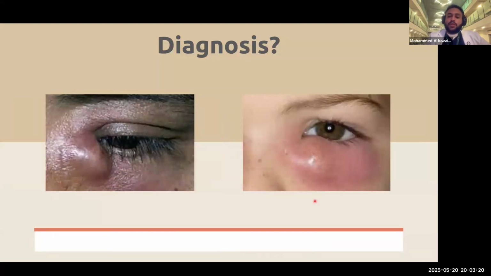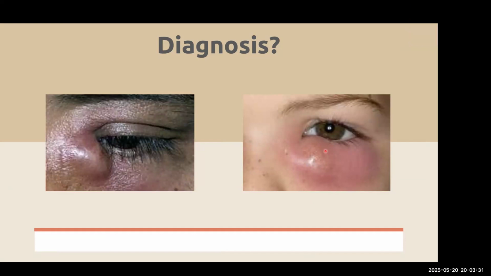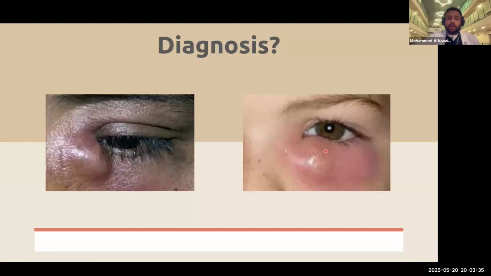Now, this one over here, you have a swelling at the medial canthus. Infection of the nasolacrimal duct. Perfect. What do we call that? Dacryocystitis. Good.